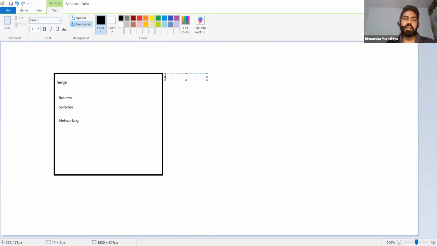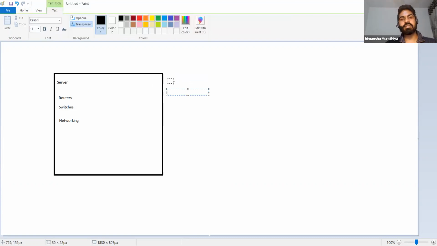And after you buy these things, you need to place them somewhere. You can't place them anywhere. For that you need a particular place, which they call data centers. To deploy these things, we need a data center.